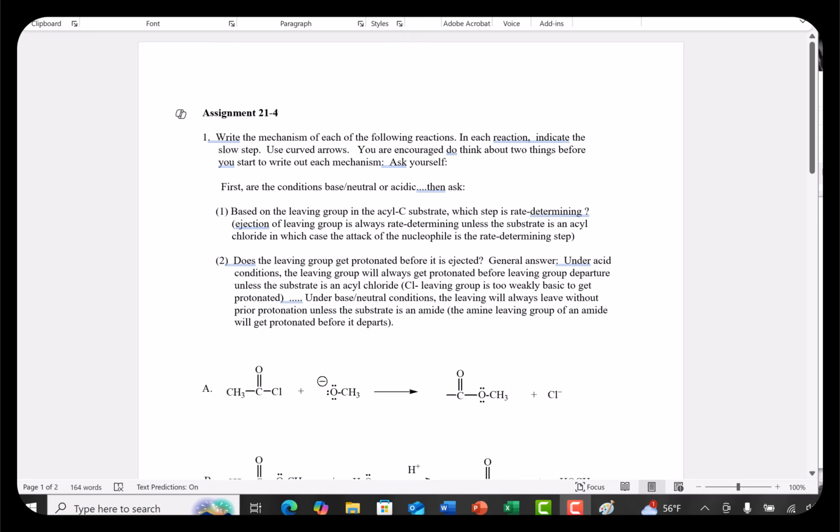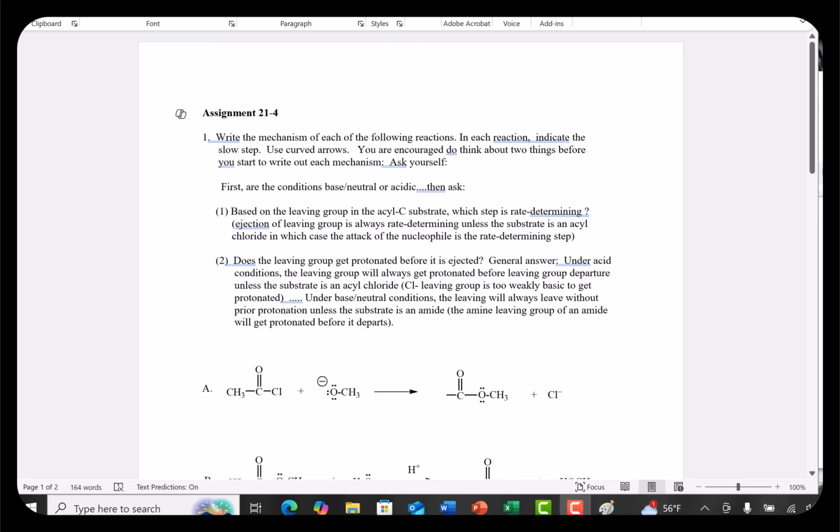Without it, anyone is going to struggle to piece it together, but it shows you in detail what's happening. And so that's a good skill to develop, drawing in the curved arrows for each step of the mechanism.